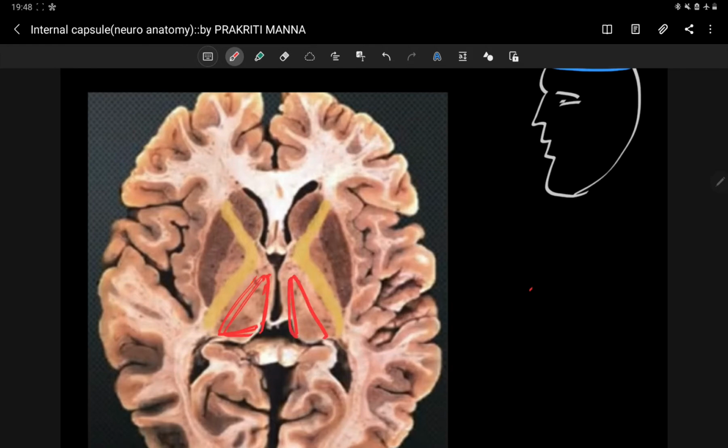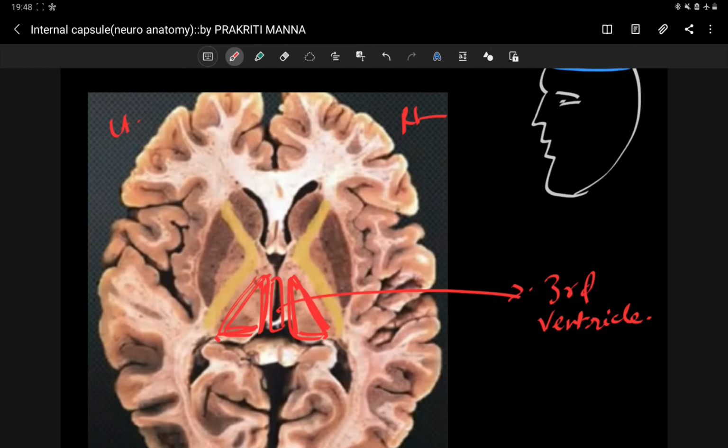In between the two thalami, you can see a slit-like cavity. This slit-like cavity is your third ventricle. This is the thalamus of the right side, this is right and this is left. This is the thalamus of the left side, and in between the two thalami, everybody knows the CSF-filled third ventricle is located.